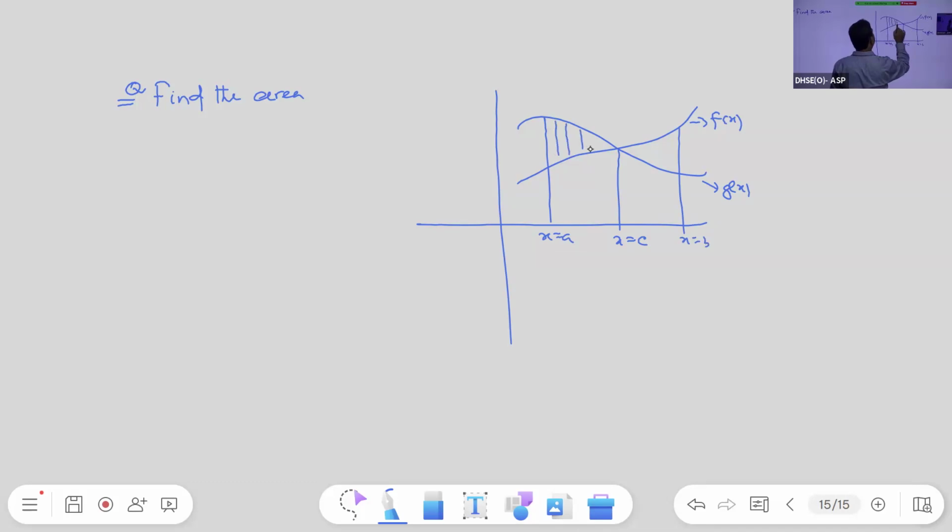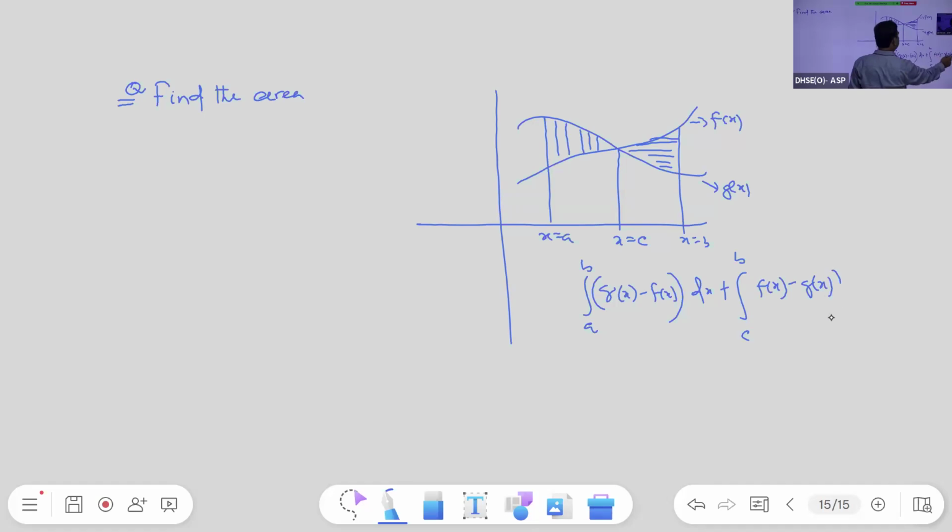This area is integral a to c g of x minus f of x dx plus this area is integral c to b f of x minus g of x dx. Right? Remember, is it clear?